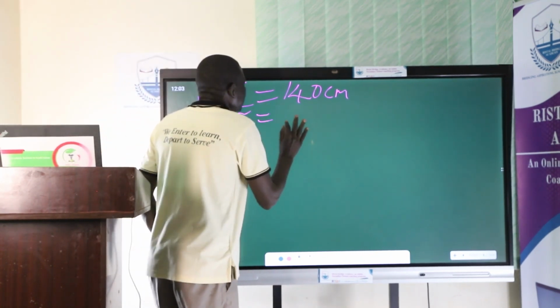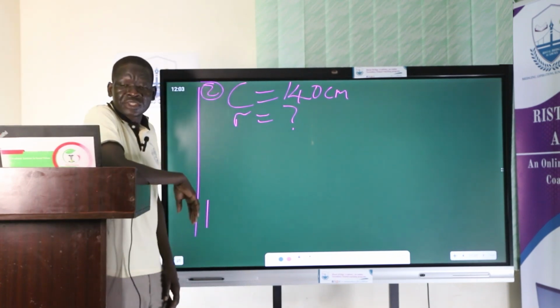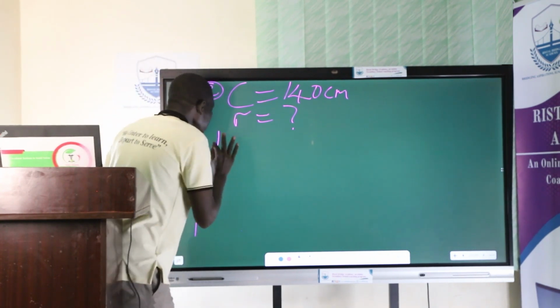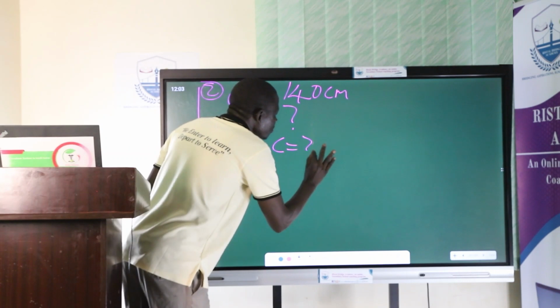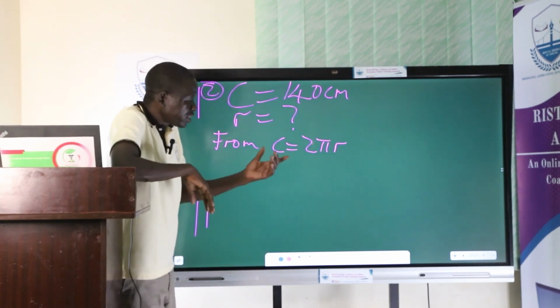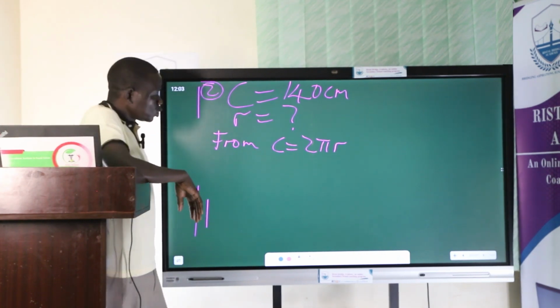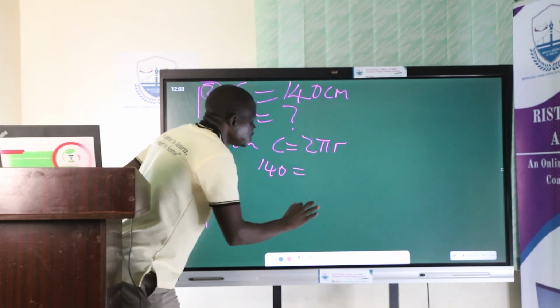So we know that circumference is equal to 2 pi r. But they have given us circumference as being equal to 140. So we shall get 140 is equal to 2 times pi, which is 22 over 7, then times the radius, which we don't know.